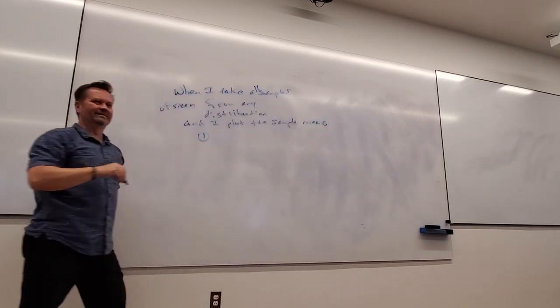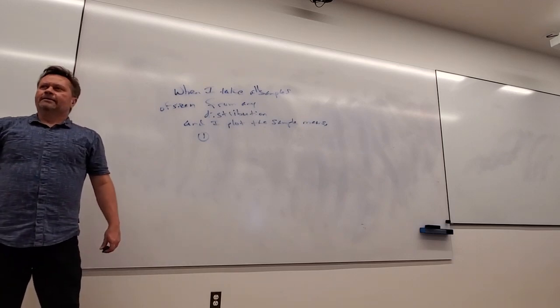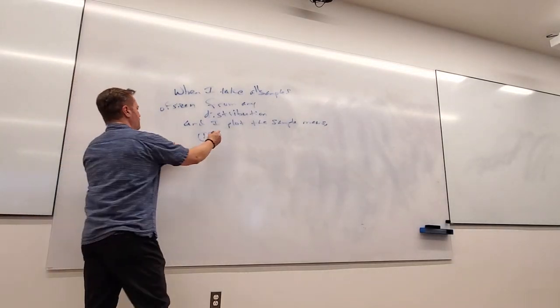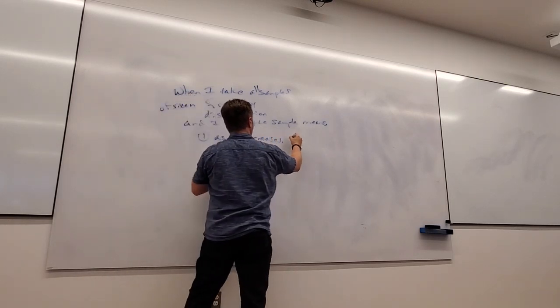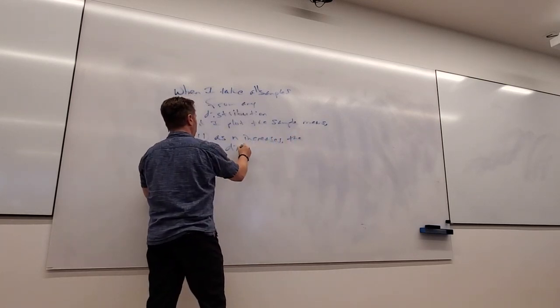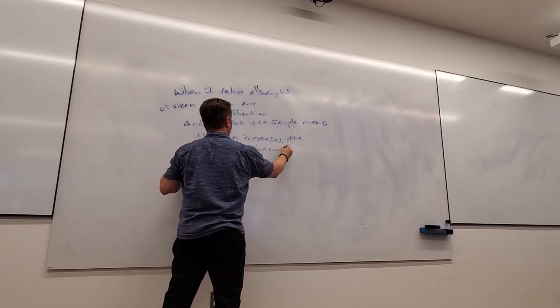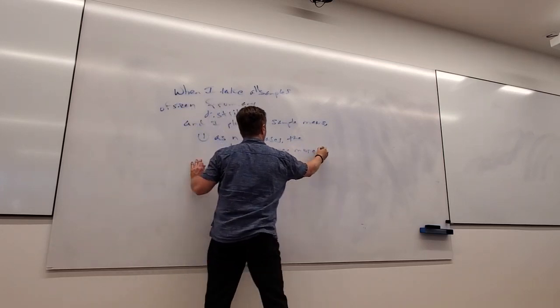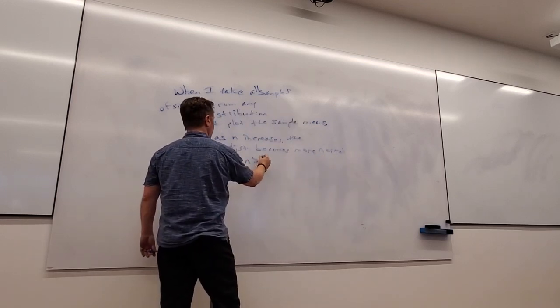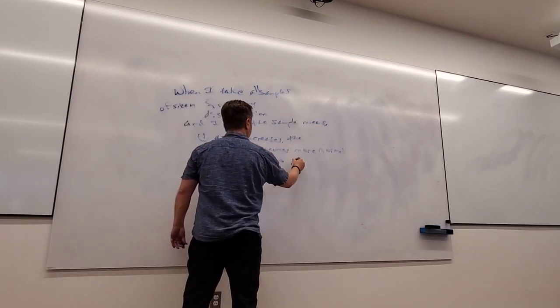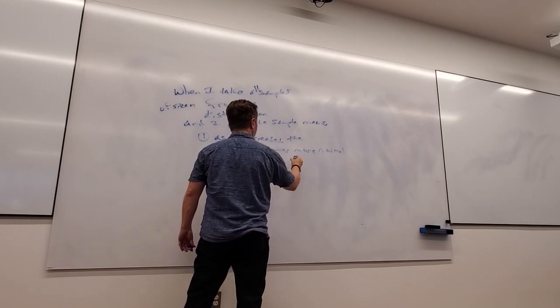As n increases, the distribution becomes more normal. N greater than 30, it's normal, what I call normal enough.